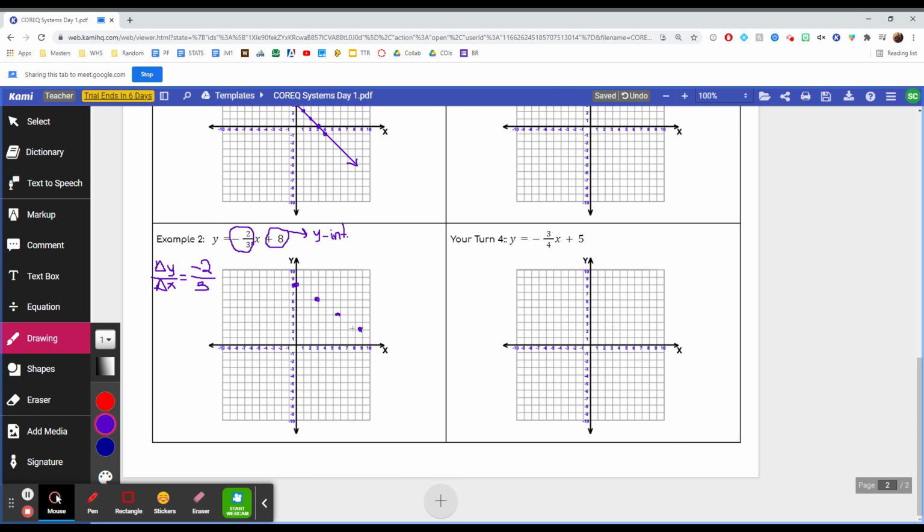So I have 4 points. Now it's all about connecting them with my shape. And there we go, the arrow to indicate that they keep on going. And that's pretty much it for this.